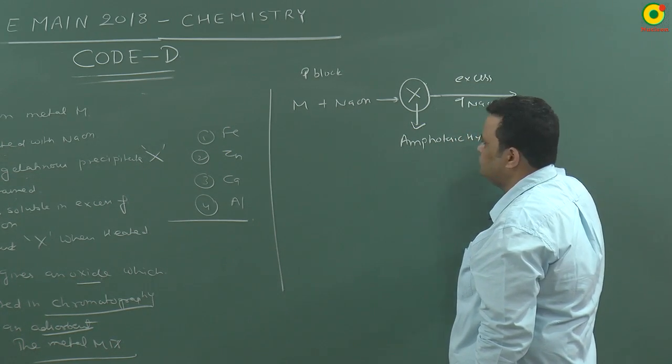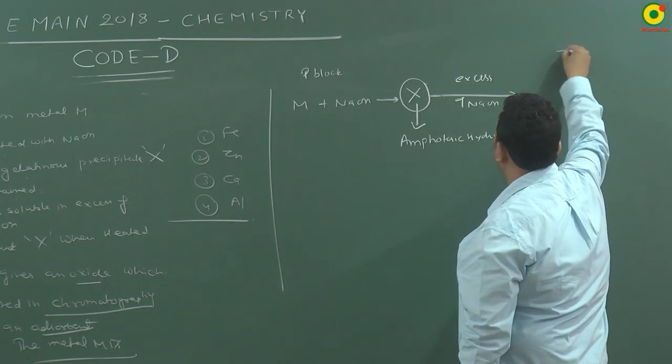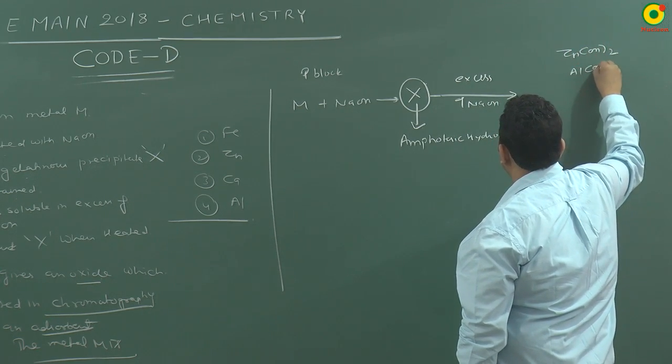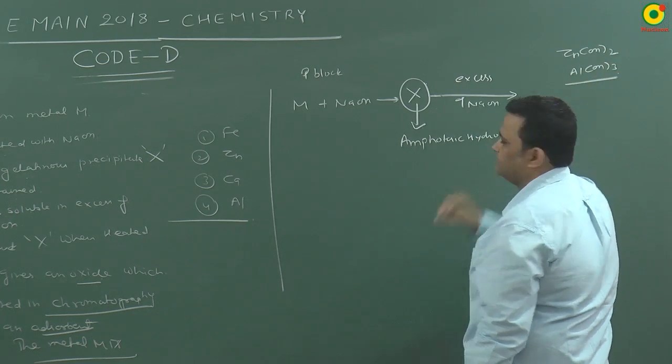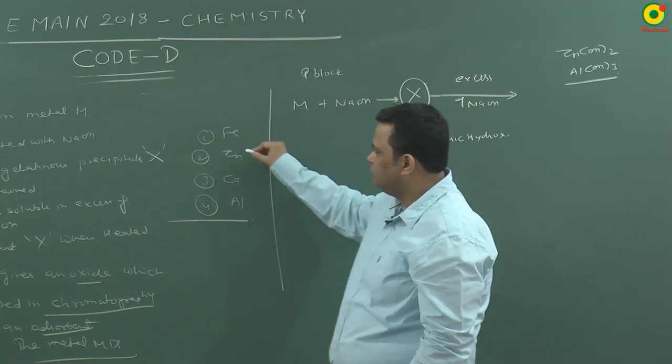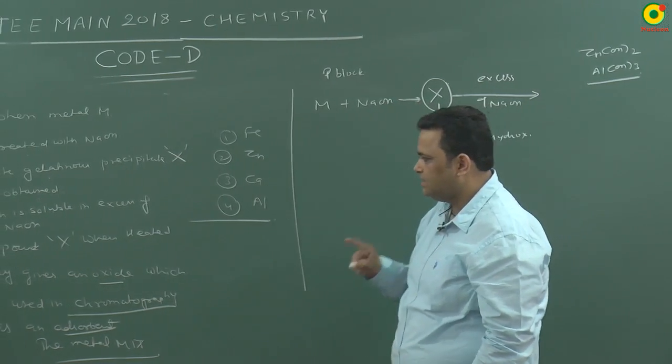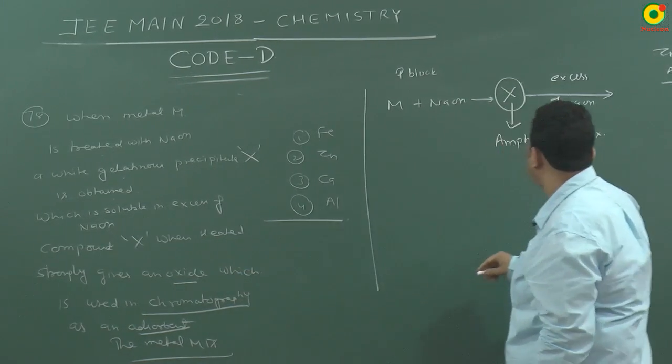Out of these four options, the amphoteric hydroxide could be Zn(OH)2 or Al(OH)3. Now the two options could be correct, zinc or aluminium. But further he has said strong heating.